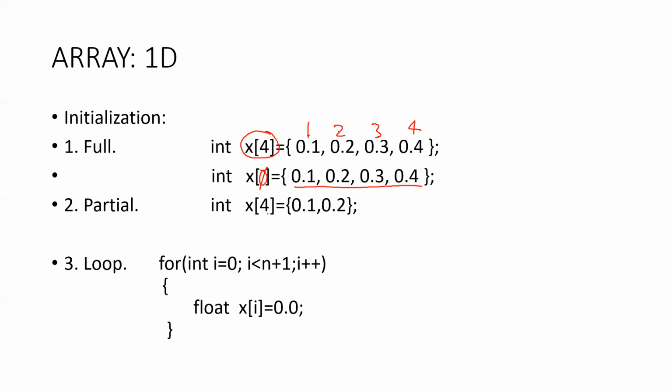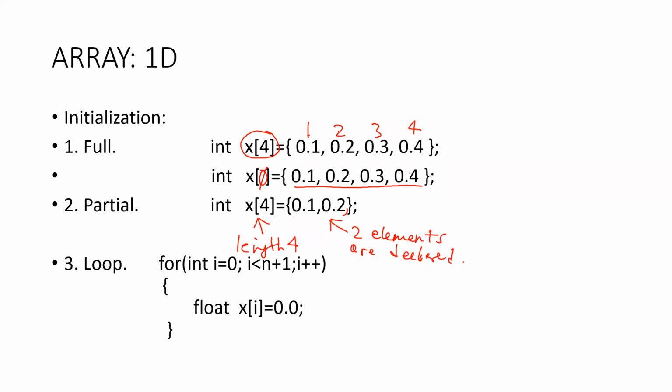Ataupun saya nak buat partial. So saya tulis the size is 4, but I only declare 2 of them. Okay, the length selalunya length is 4, only 2 elements are declared. Okay, so yang lain tu selalunya dia akan anggap kosong.